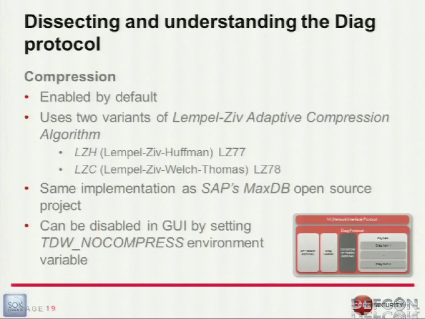It uses two different variants of the LZ compression algorithm, LZ77 and LZ78, and it's the same implementation as in the MaxDB open source products. So this code is available. And one interesting thing is that it can be disabled in the GUI application by setting a special environment value.